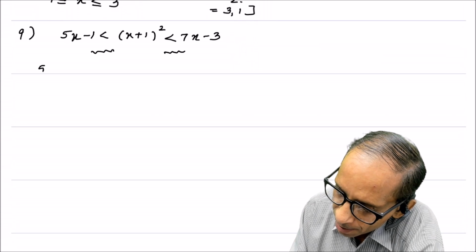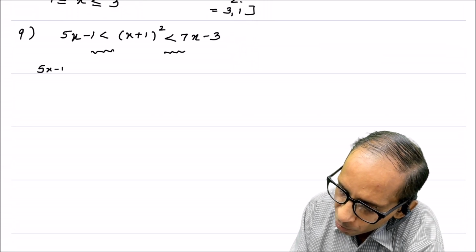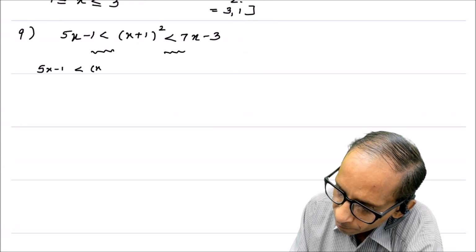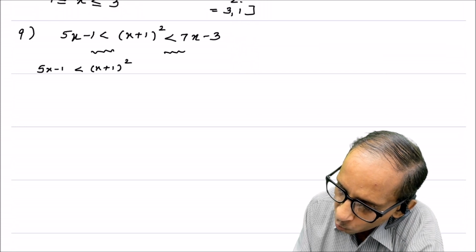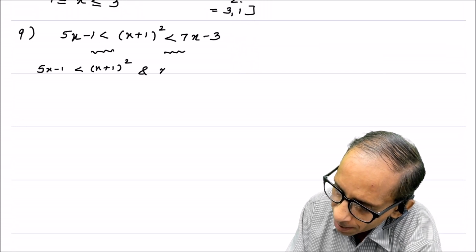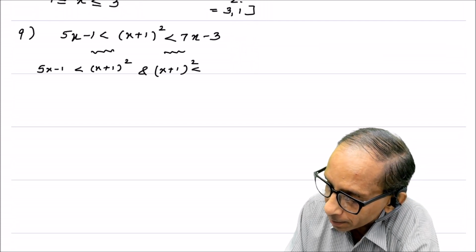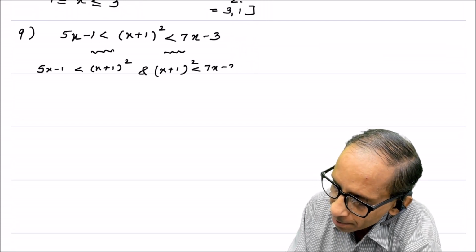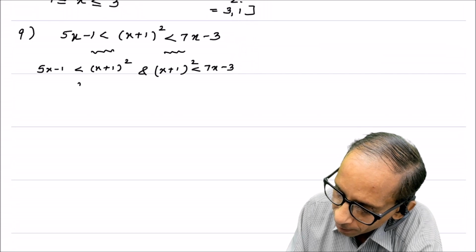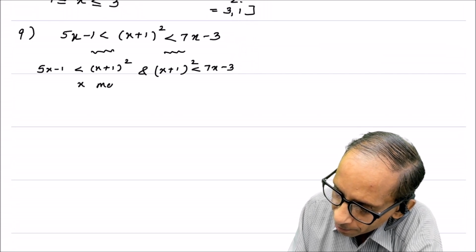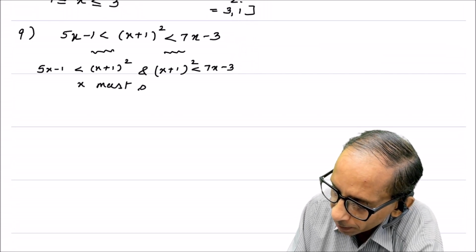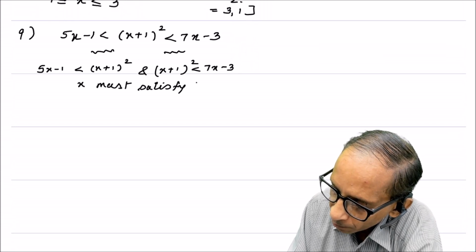It says 5x minus 1 should be less than x plus 1 the whole square, as well as x plus 1 the whole square should be less than 7x minus 3. X must satisfy both of them.